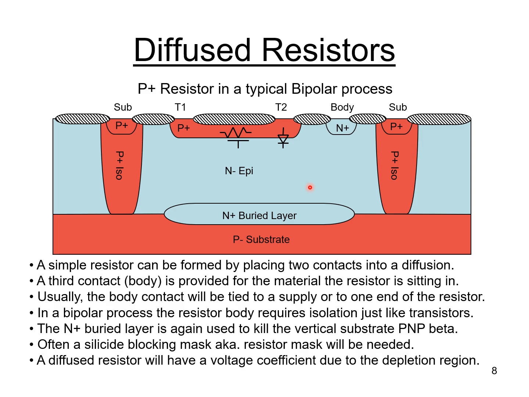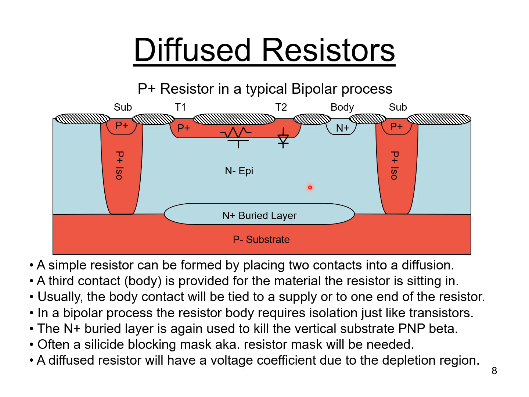You would take the body and tie it to the end of the resistor that is at the higher voltage, and that would keep the P plus to N-epi diode off when you're using this resistor.